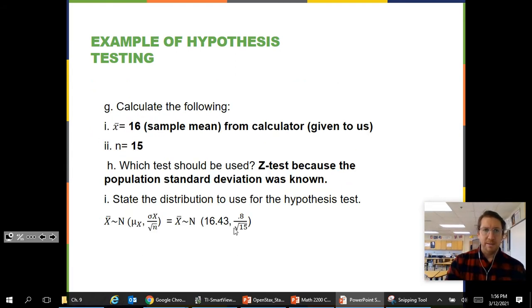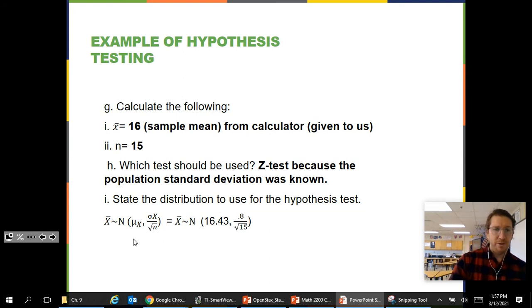So we calculate the following. The X bar, the average from our person swimming, is 16. They give that to us. If they gave you the data of all the swims, you could calculate this too. And we know the sample size is 15. We're going to use a z-test because the population standard deviation was known.